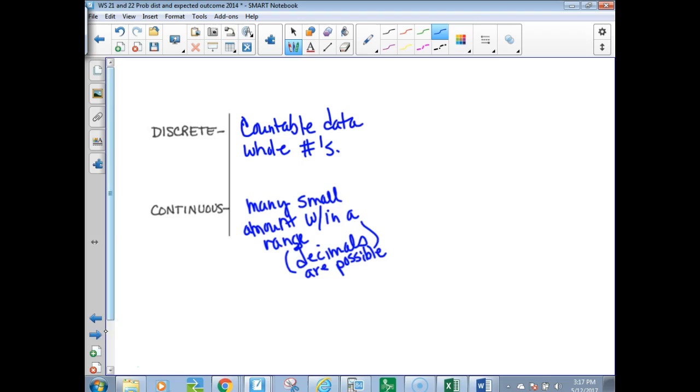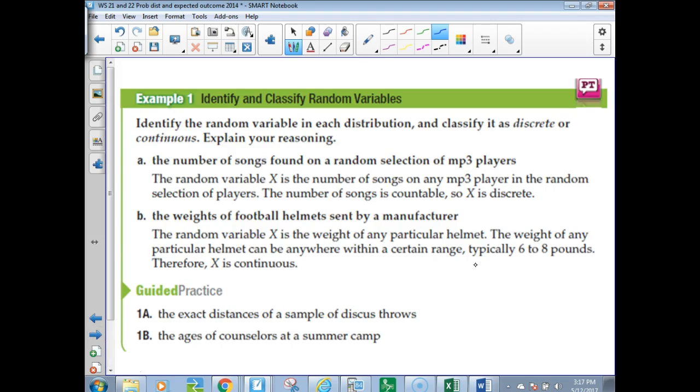Okay, so we've got a couple of scenarios coming up on these lovely blurry worksheets. Sorry, my pictures up here are not the sharpest. There's a number of songs found on a random selection of MP3 players. That would be discrete because it's countable. How many songs you have is a finite amount, right? It's going to vary, but it's discrete because it's countable.